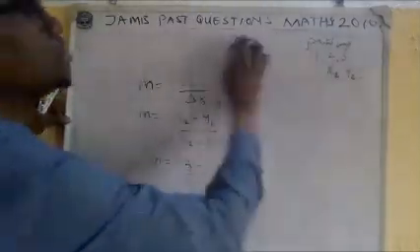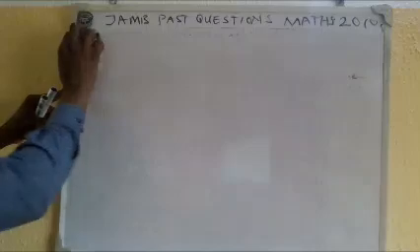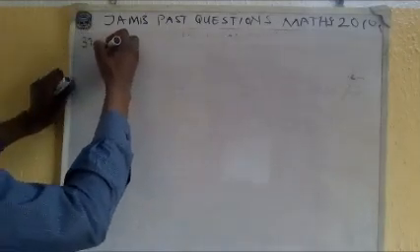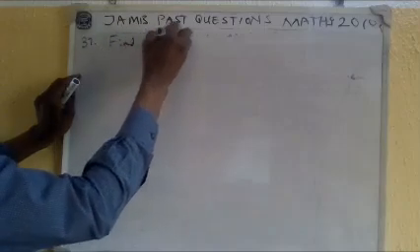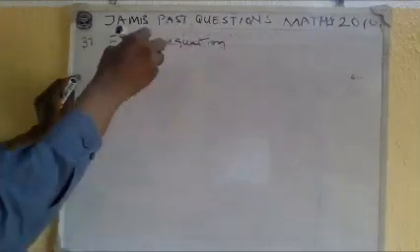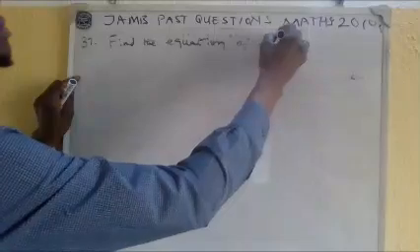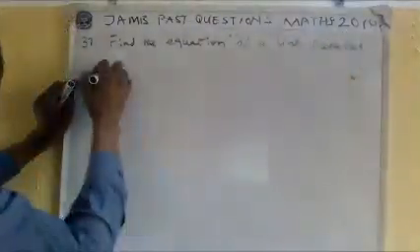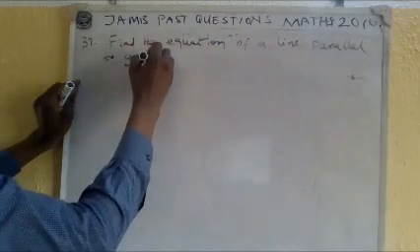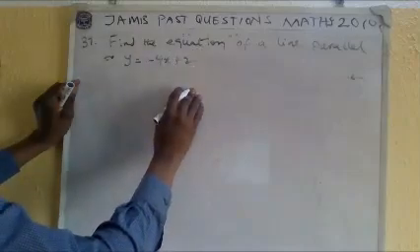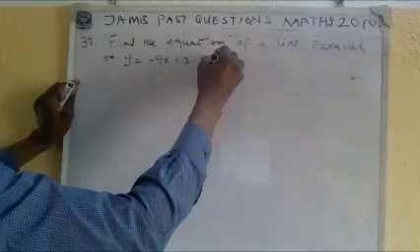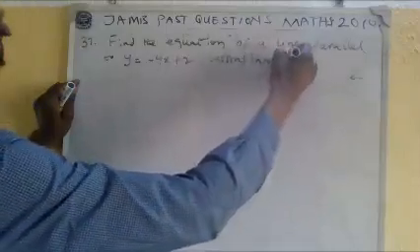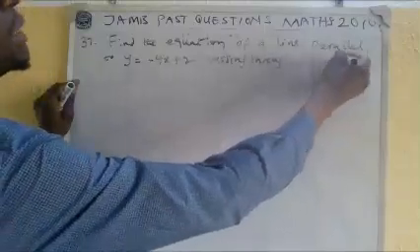Number 37. 37 says, find the equation of a line parallel to y is equal to minus 4x plus 2, passing through 2 and 3.